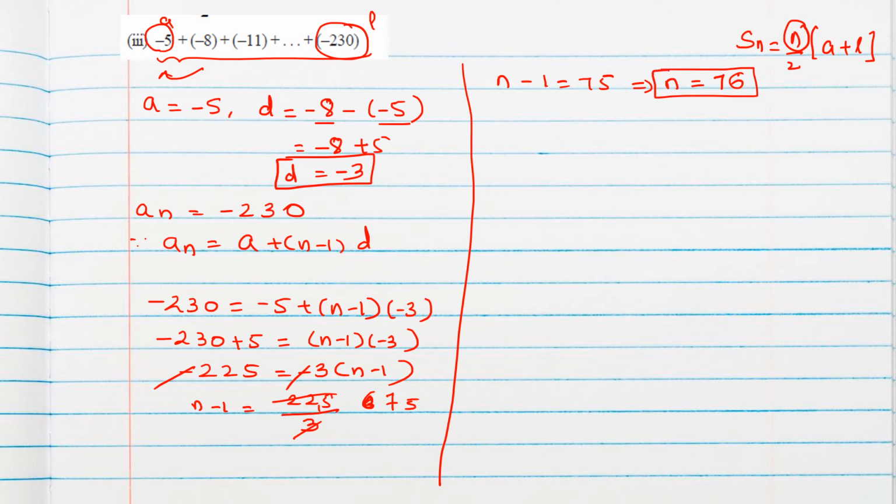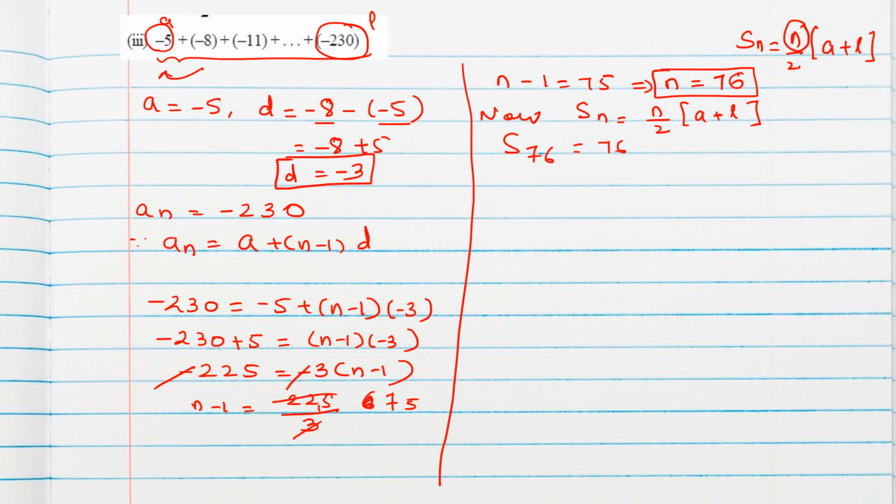So that means from minus 5 to minus 230, there are 76 terms, and we should find the addition of 76 terms. So that is S76 we should find. We can write the formula first: Sn is n/2 times a plus l.